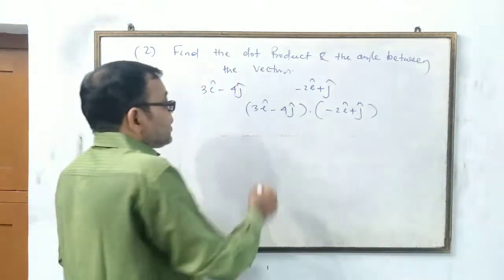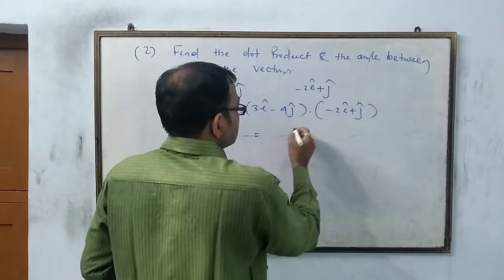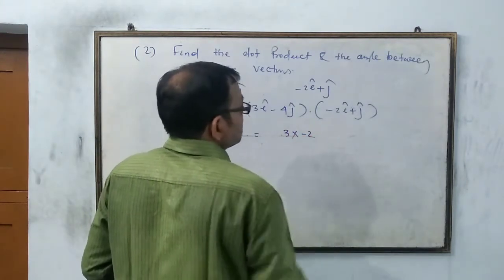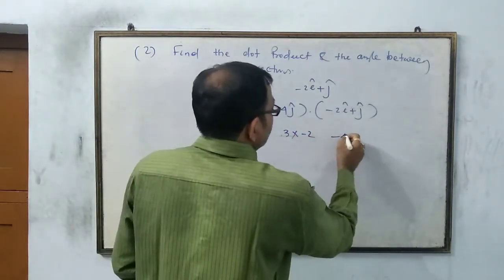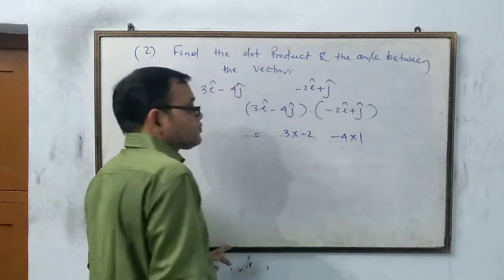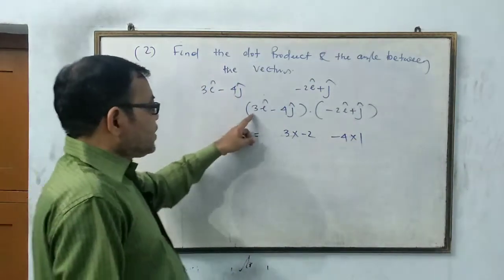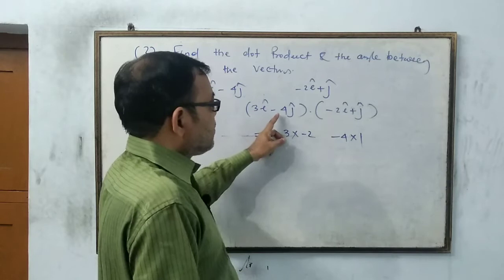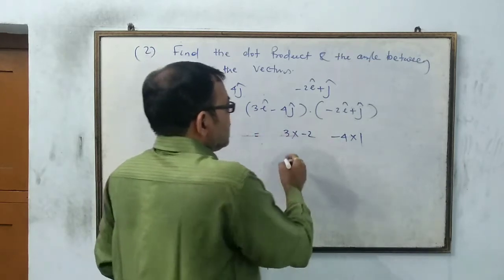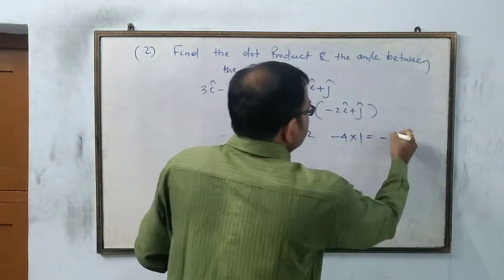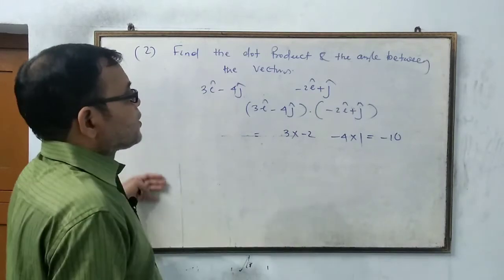It is 3 into minus 2, plus minus 4 into plus 1. So the answer is minus 10. We got the dot product of the vectors.